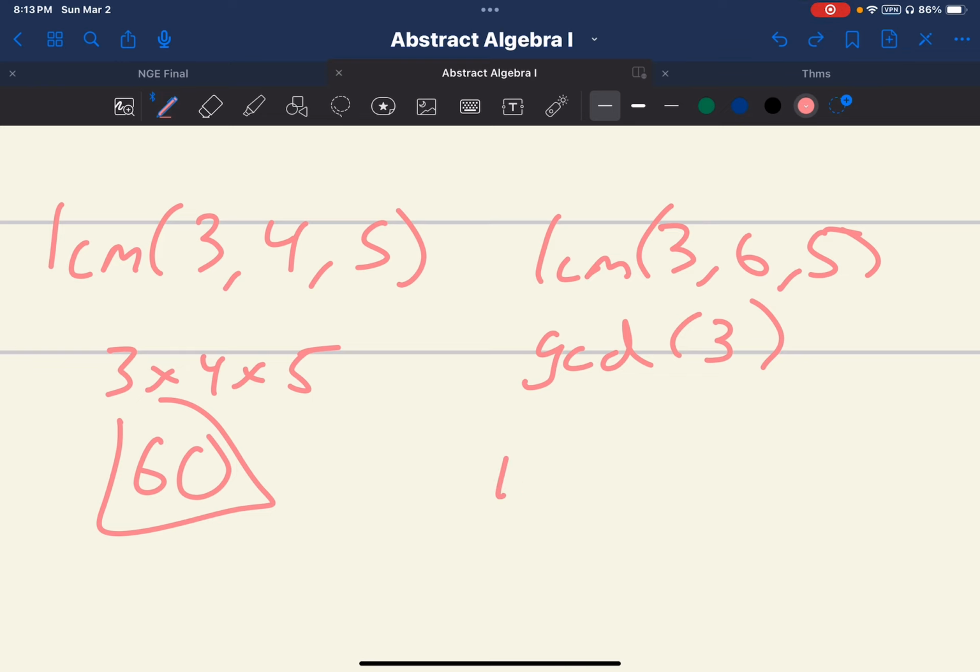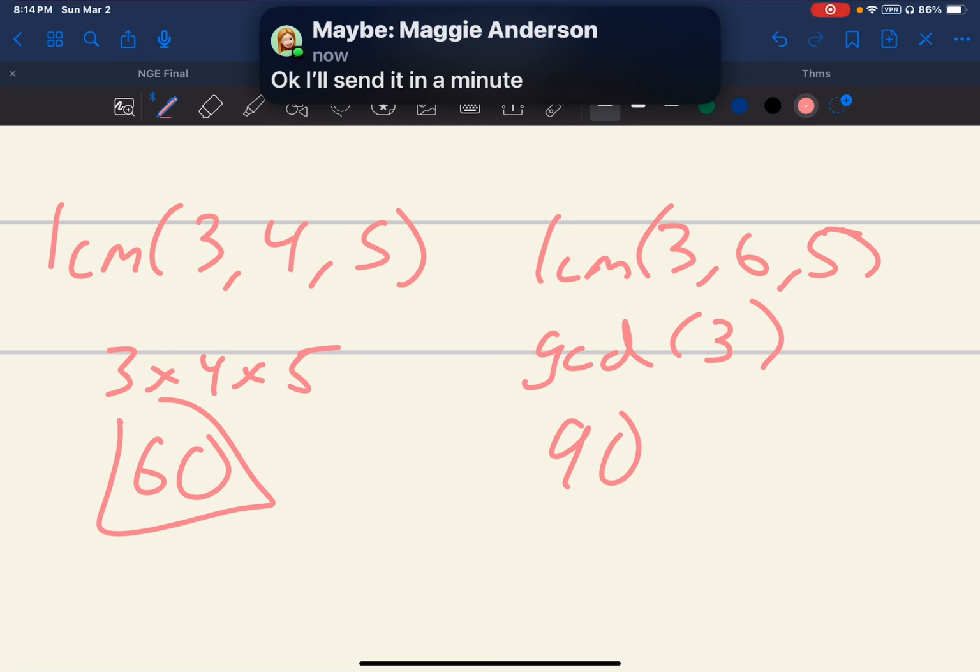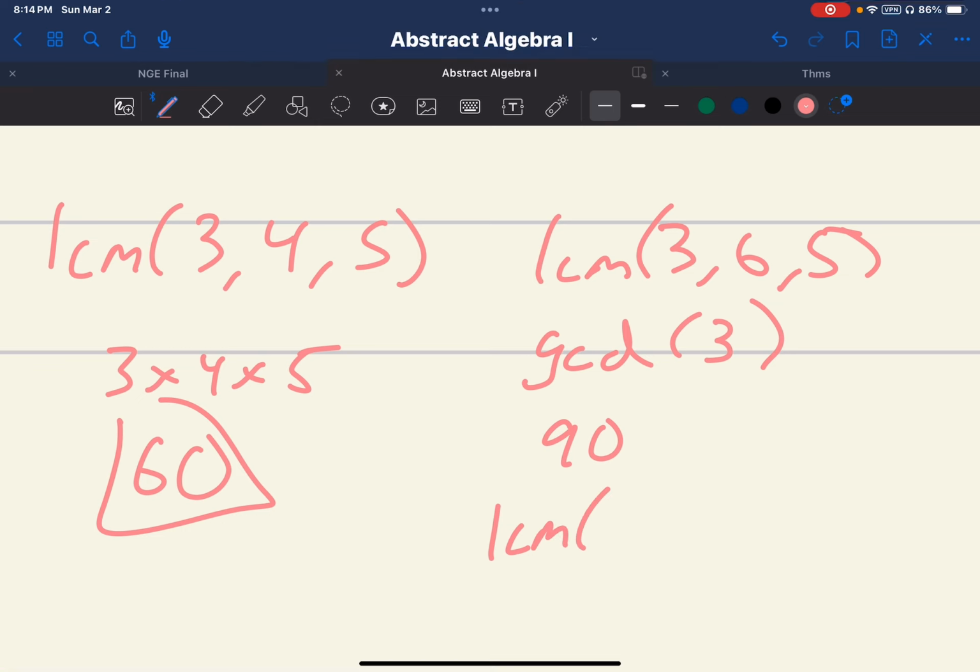What? Wait, why doesn't that work? 90 is the product. Oh, no, that does work. Yeah. Okay. And then I find the product, which is 90. And so that means that the least common multiple is 30 because 30 times 3 equals 90. Sorry for my hesitation there. I think that's pretty neat.